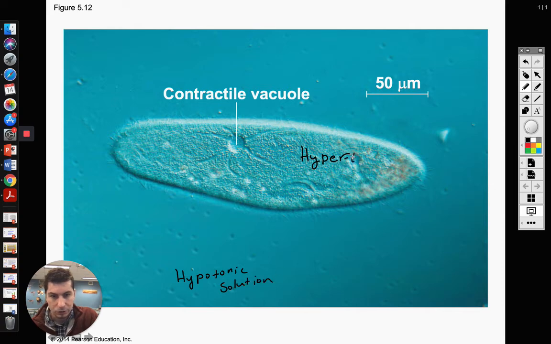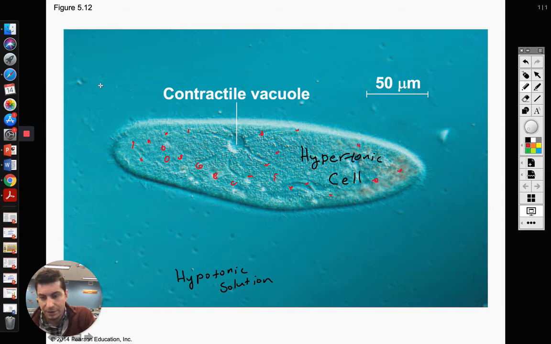So we have a hypotonic solution and a hypertonic cell. If we were to draw it, I'll use a different color here, we'll use red. That means there's going to be a lot of solute inside of our cell. And a paramecium is a single-celled organism.